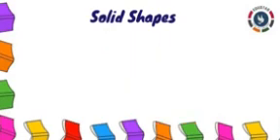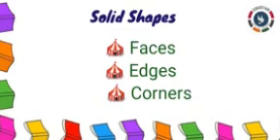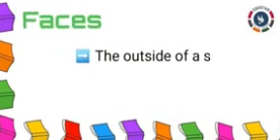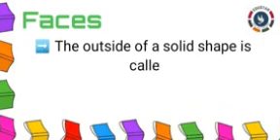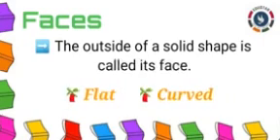Solid shapes have faces, edges, and corners. First, faces. The outside of a solid shape is called its face. It may be flat or curved.